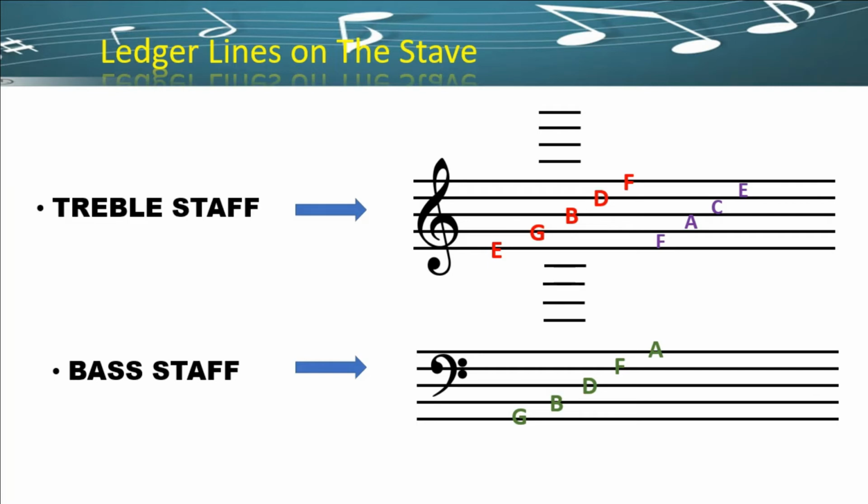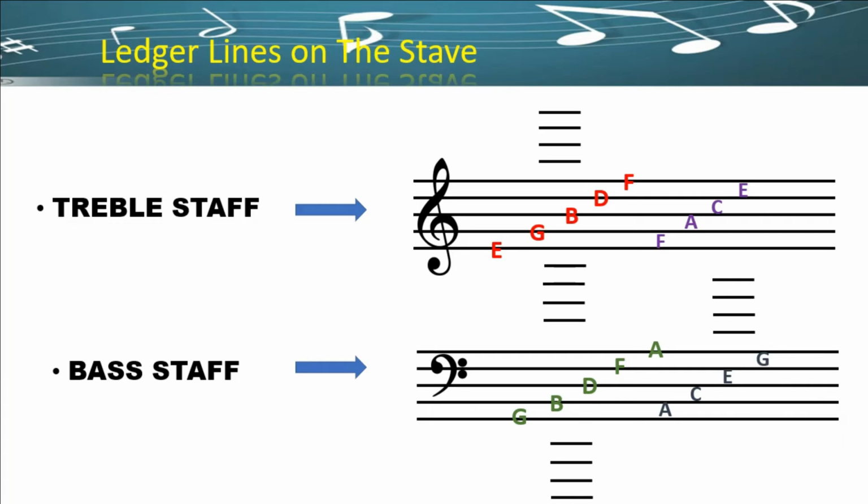While the spaces on the bass staff are All Cows Eat Grass, which we use to remember A, C, E, G. Now the way the ledger lines will be placed on the bass staff: for the ledger lines below, we are going to have them in this order, the first, the second, the third and the fourth. And if it's placed above the bass staff, we equally have it like this: the first, the second, the third and the fourth ledger line.